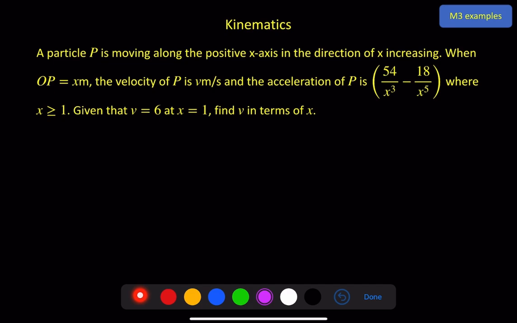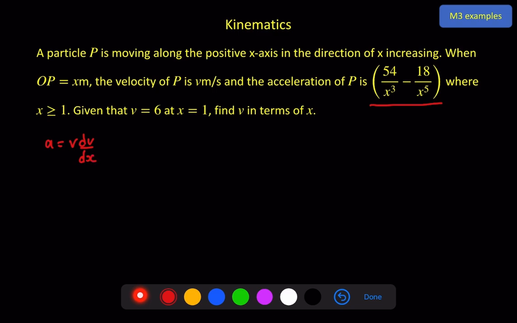Second example, a particle P is moving along the positive x-axis in the direction of x increasing. When OP equals x, the velocity of P is v, and the acceleration of P is this. Again, this is our key point here. A is equal to that thing there, which is also equal to v dv by dx.